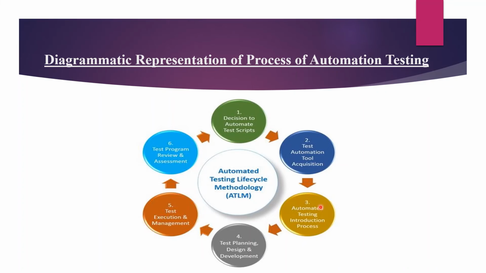There are multiple test scripts, so they divide a particular test script into multiple scenarios, then prepare the planning and design, and after designing and planning, they execute it with the help of the automation tool.